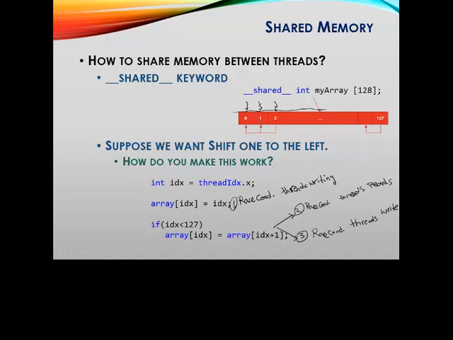Then I want threads to read values from their next door neighbor. And I want to stop all threads after everybody has read the values. Then I want everybody to write the next door neighbor value that they just read into their location. So I want another barrier there.